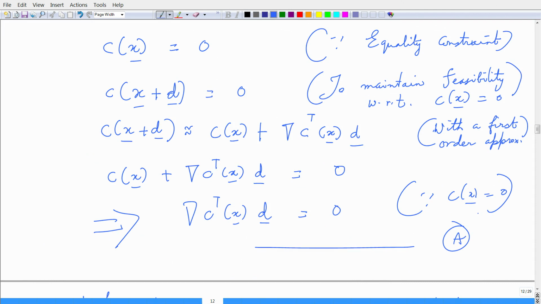Now, C of x equals 0, because this is the equality constraint that we are dealing with. To maintain feasibility with respect to the equality constraint C of x equals 0, I choose a direction d, which is a vector here, such that C of x plus d is 0.